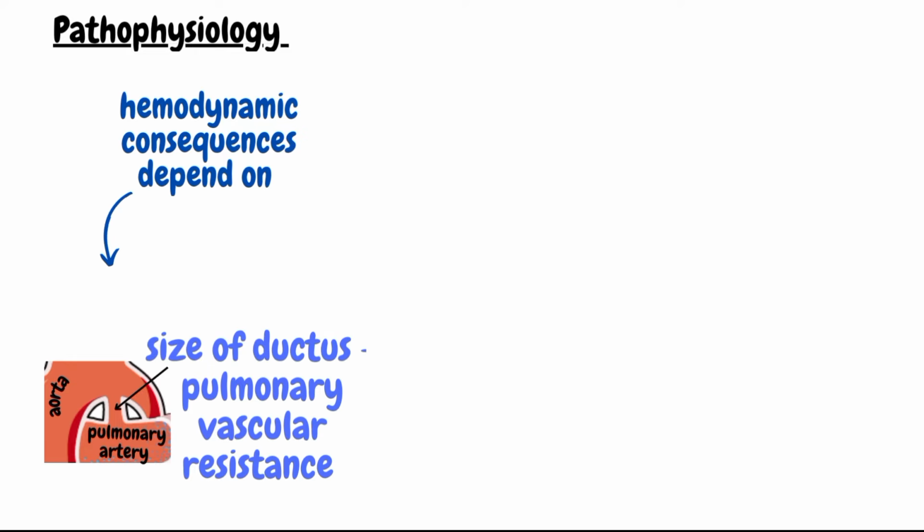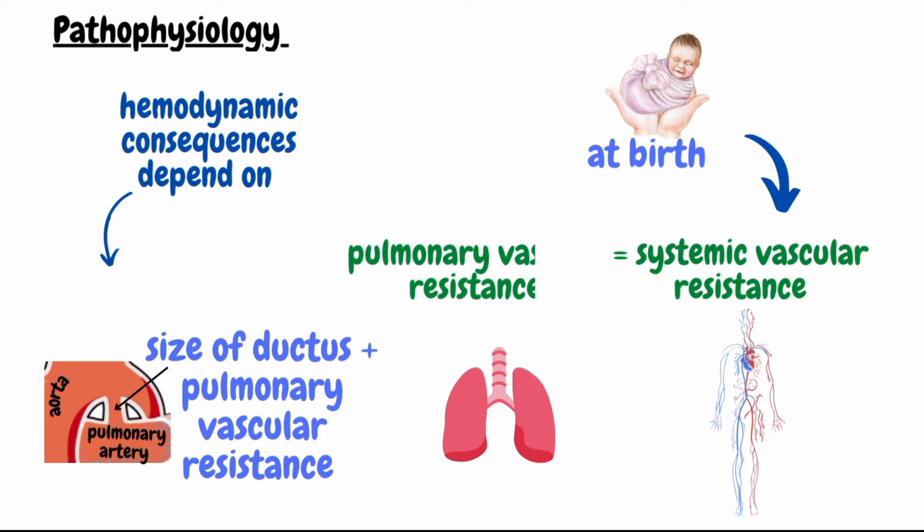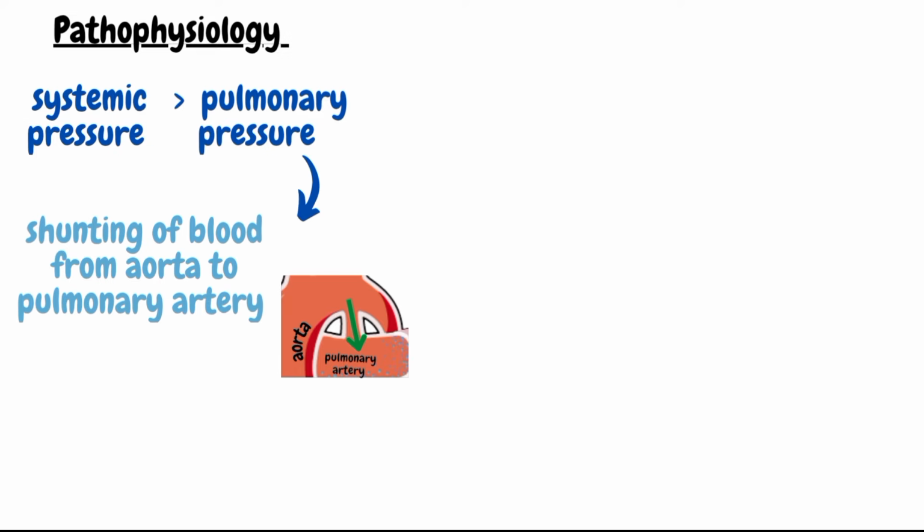Now the pathophysiology. The hemodynamic consequences of PDA depend on the size of the ductus and the pulmonary vascular resistance. At birth, the resistance in the pulmonary and systemic circulations is almost identical, so that the pressure in the aorta and the pulmonary artery is equalized. As the systemic pressure comes to exceed the pulmonary pressure, blood begins to shunt from the aorta across the duct to the pulmonary artery, creating a left to right shunt.